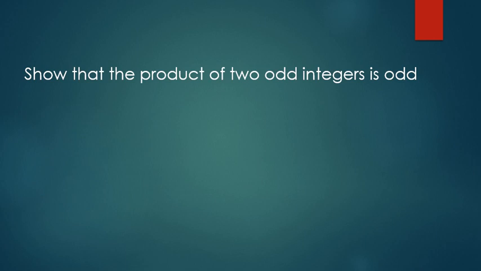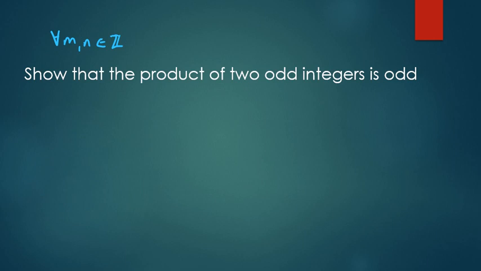If you want to do that, the way that you can write this one is to say for all m and n in Z, because again, we are working with whole numbers.